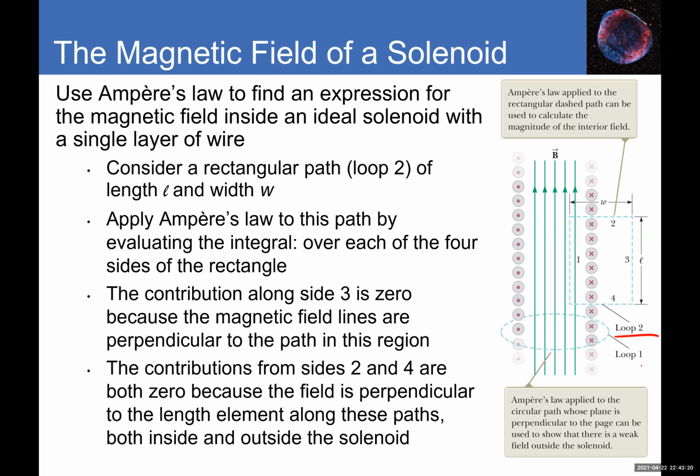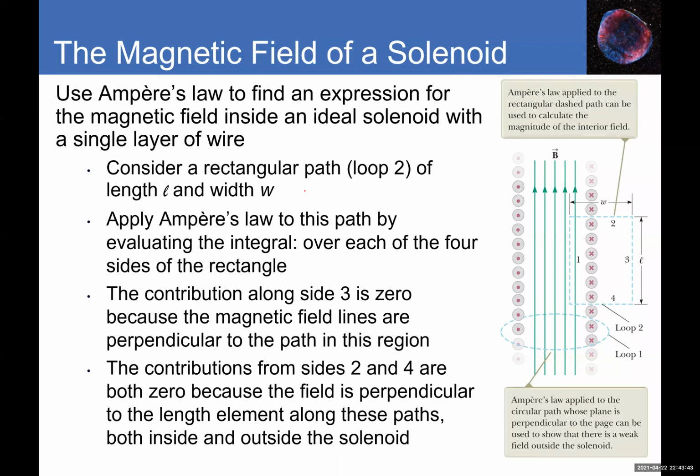With loop 2, we have a rectangle that can be used to represent 4 different segments. Here's segment 1, segment 2, segment 3, and segment 4. Each segment can be analyzed independently. So think like this.